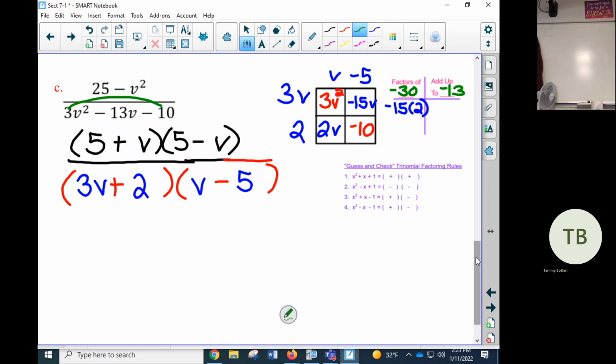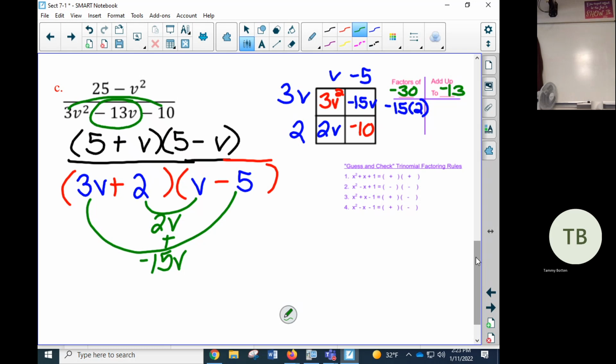You would try factors of 10 here and here. You would try factors of 3b here and here. And you always just have to make sure when you multiply these two and when you multiply these two and you add them together, you get this.